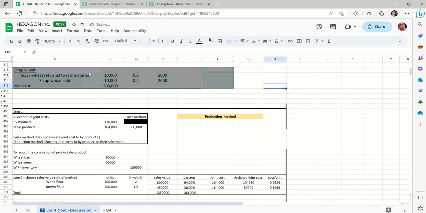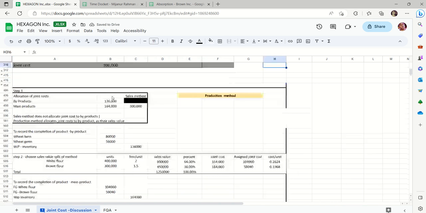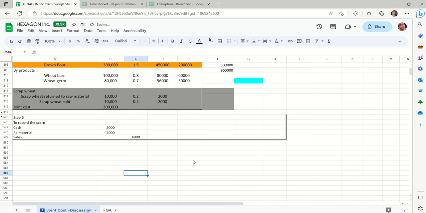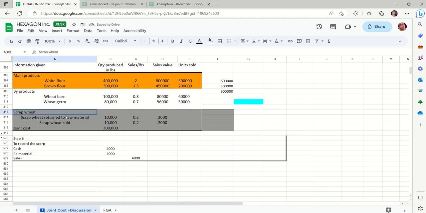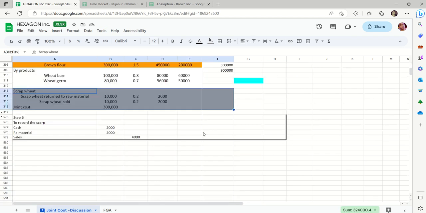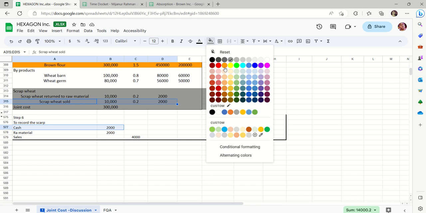Okay, so this is our scrap wheat. And how do you deal with this? This is our information given to us in the problem. How do we record that? We got cash right there. Sold right there. I'm going to highlight that in orange.